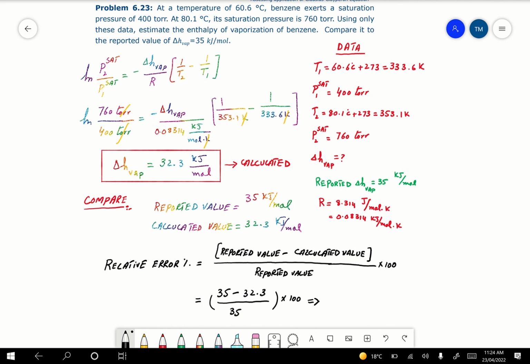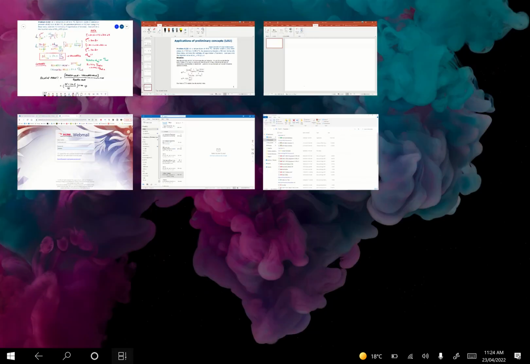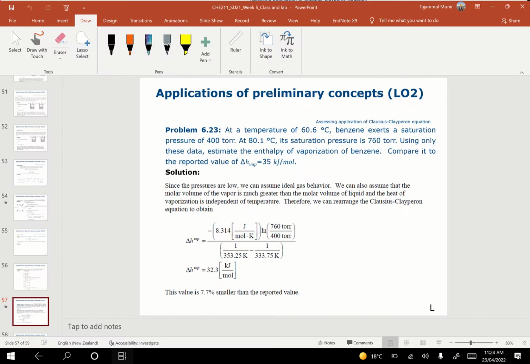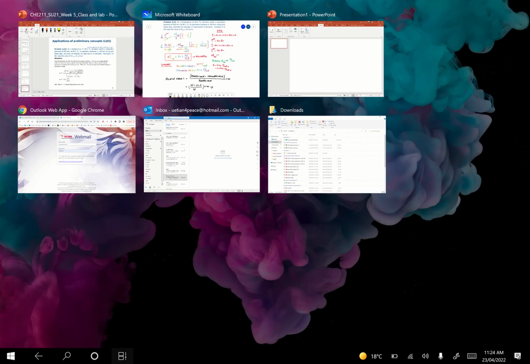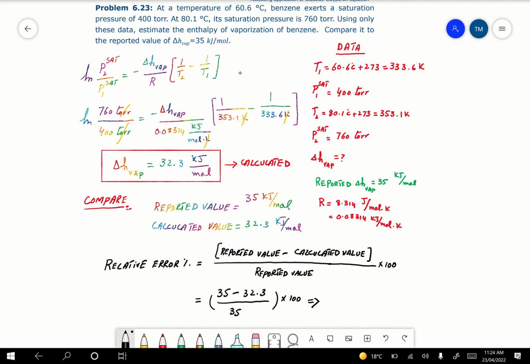So in this case the relative error will be approximately, I think, 7.7 if I'm not wrong. Let me double check. Yes, 7.7 percent. So 7.7% means the calculated value of heat of vaporization is 7.7% less than the reported value.